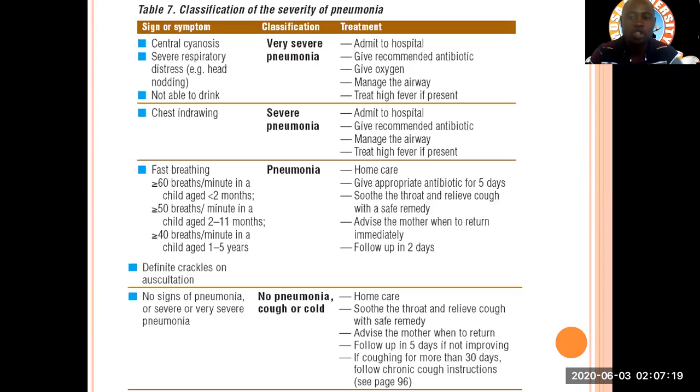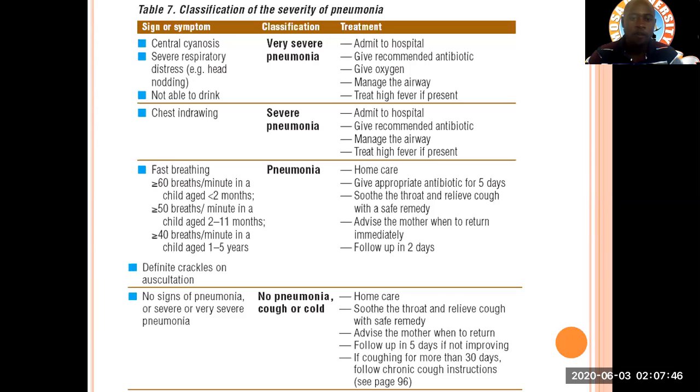If it's just pneumonia like this, we treat them as outpatients. We give appropriate antibiotics for 5 days. I talked about erythromycin there. You soothe the throat and relieve cough with safe remedies. You ensure that you do a follow-up 2 days after administering antibiotics, because these are the ones that we treat as outpatients.